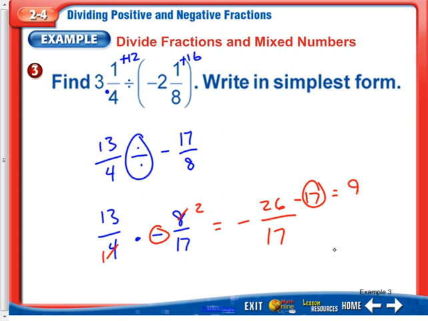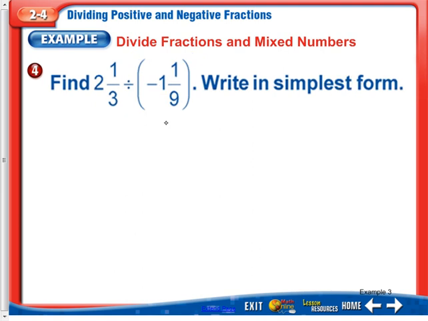So it would be negative 1 and 9/17 left. To check, we take 17 plus 9, that would be 26, so that's your 26/17. We're just renaming it as negative 1 and 9/17. You do need to write it as a mixed number because the original problem gave us 2 mixed numbers.